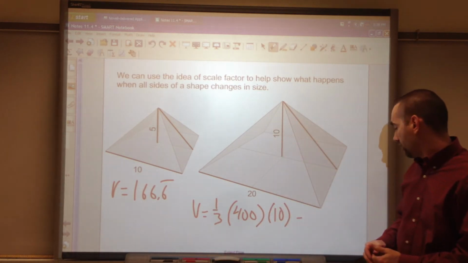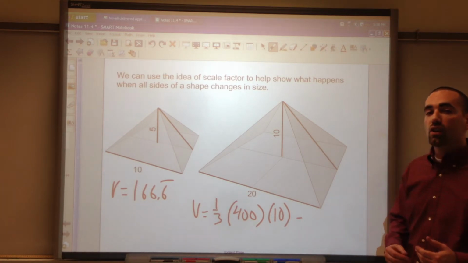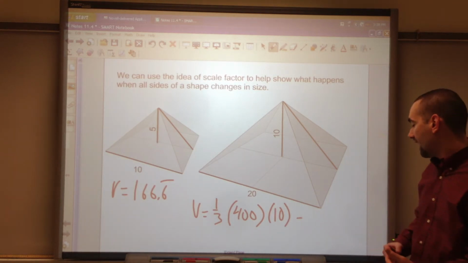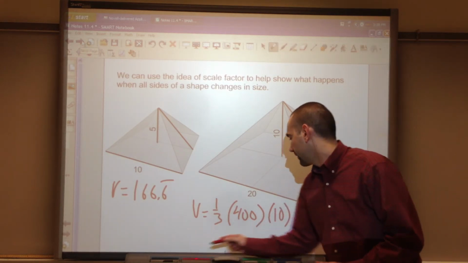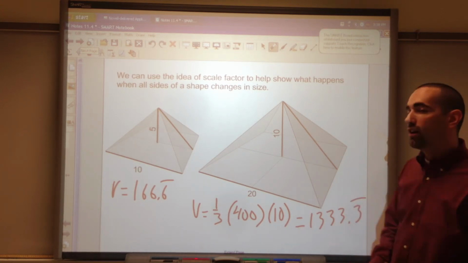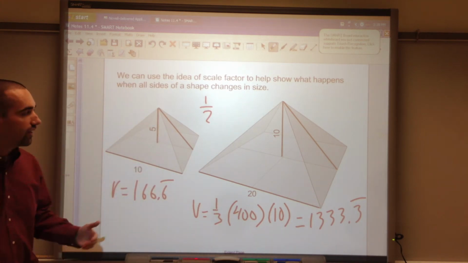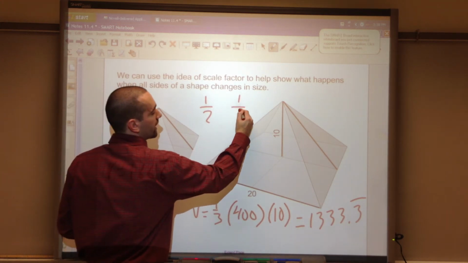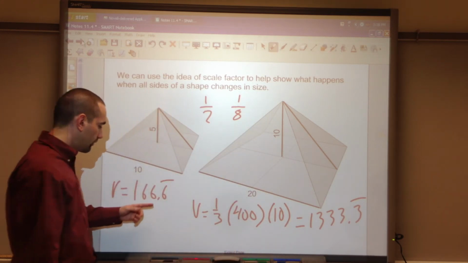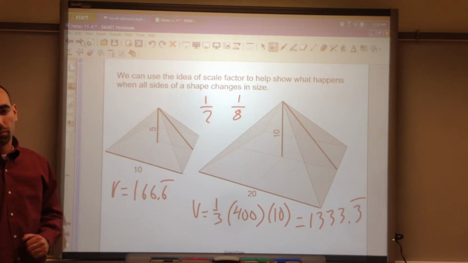What happened was my volume was increased by my scale factor cubed. My scale factor was 1/2, so my scale factor volume is cubed 1/8. So this times 8 gives me my new volume.